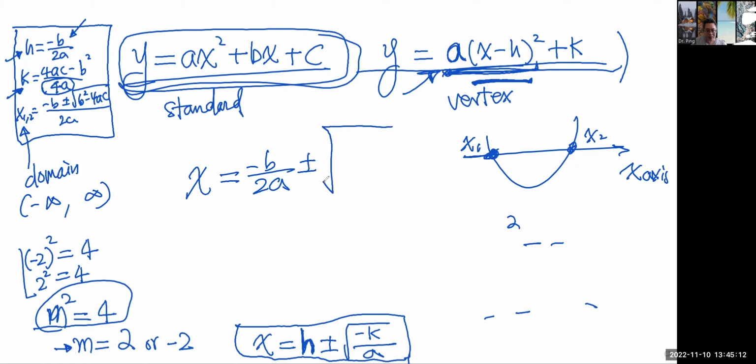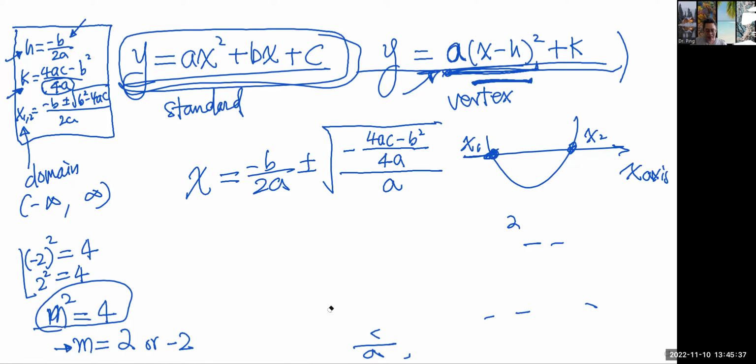And k is (4ac minus b squared) over 4a, then divided by a. So this is called, I think, a complex fraction. It looks scary, but actually it's not that hard.